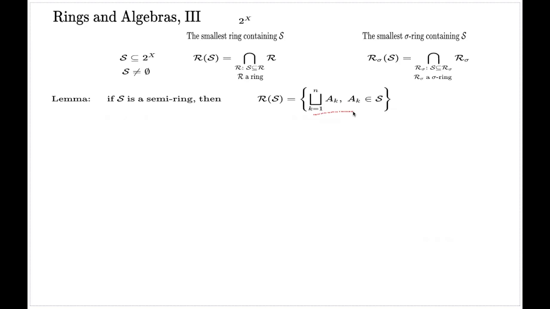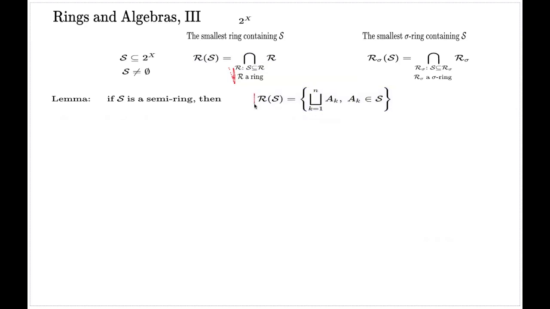The proof of this lemma is in fact given in the previous video, because there we showed that this kind of collection will be a ring, given that S is a semi-ring. If it is a ring, it will be among this intersection.